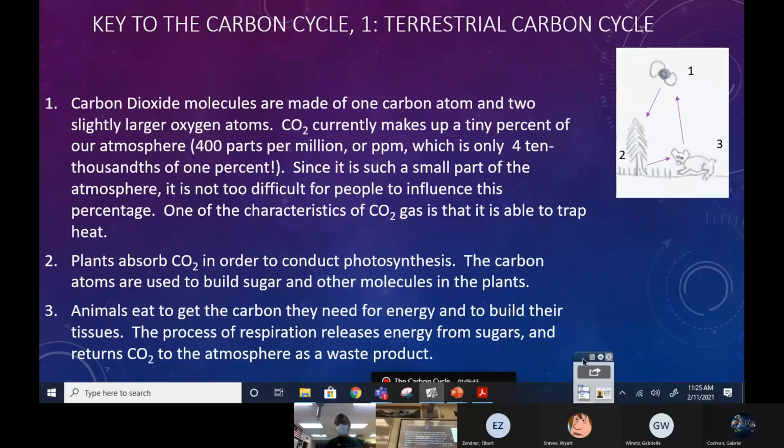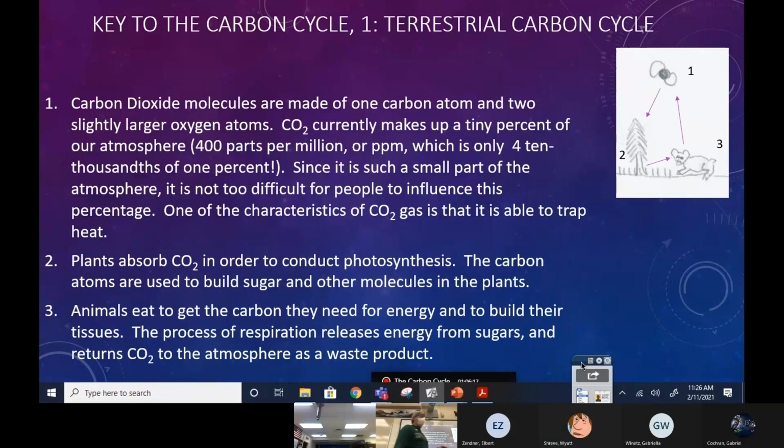Okay, so first of all, we have the basic carbon cycle that occurs on land. So you should say that these are carbon dioxide molecules, number 1. If you want, you can say they're made of 1 carbon atom and 2 oxygen atoms. You should recognize this number.